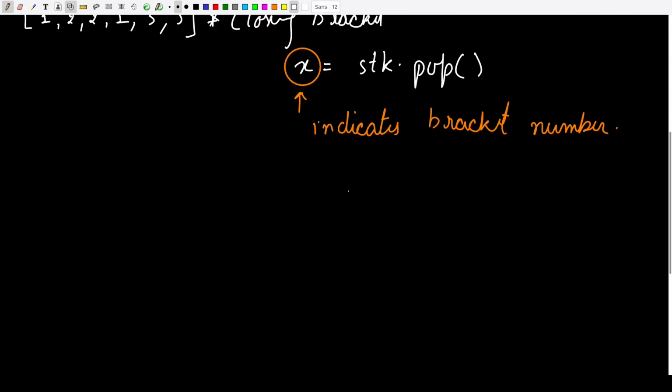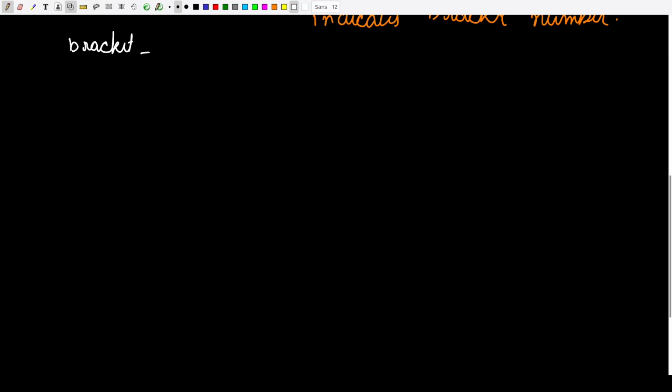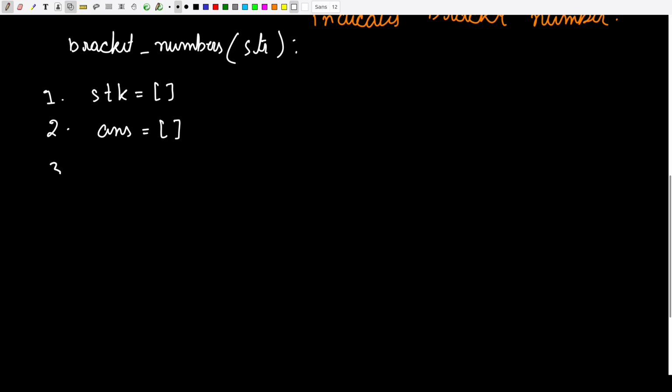Now let us discuss the pseudocode for this problem. So let us say we want to assign numbers to brackets, and the string is given to us. What we are going to do is we are going to take a stack, and we are going to take an answer variable with us, and also we will have a count variable, and the initial value of this count will be equal to 1. Now we are going to iterate on the string.